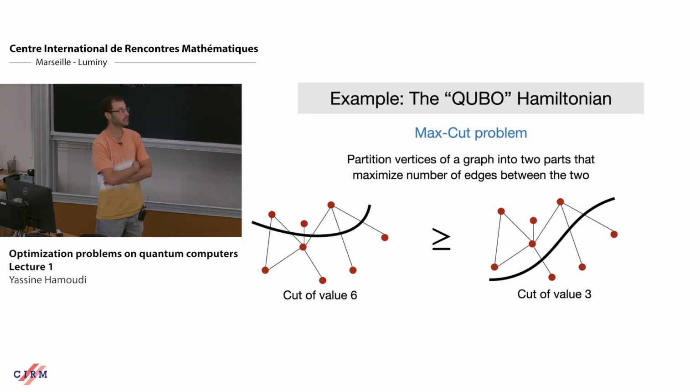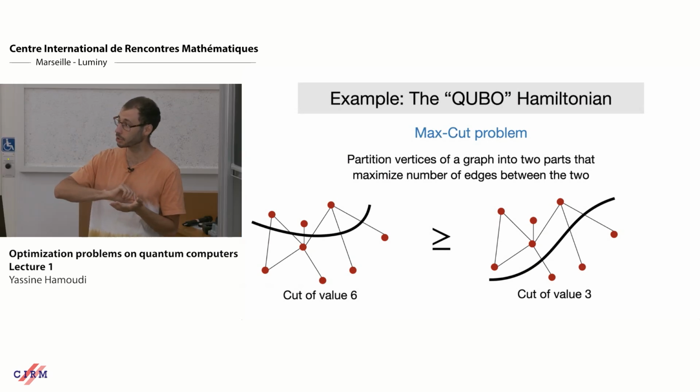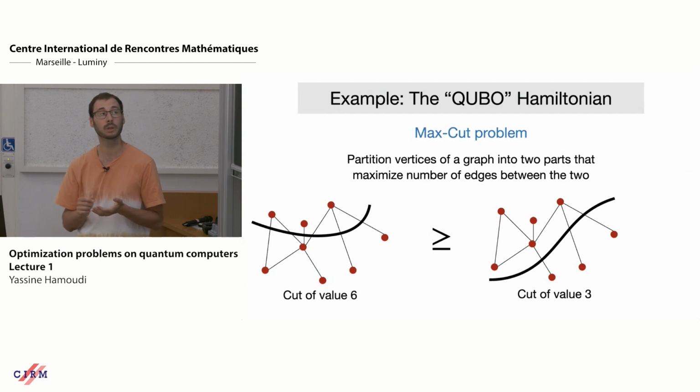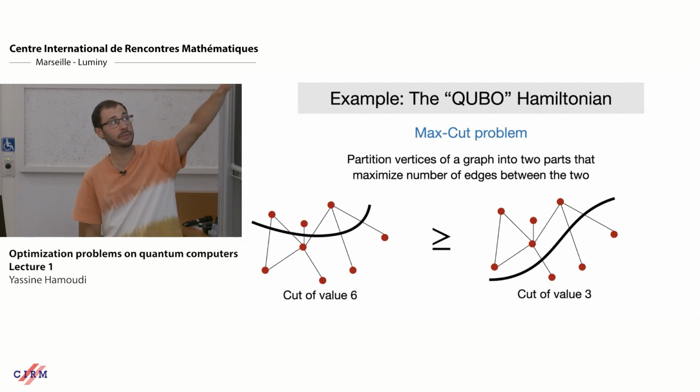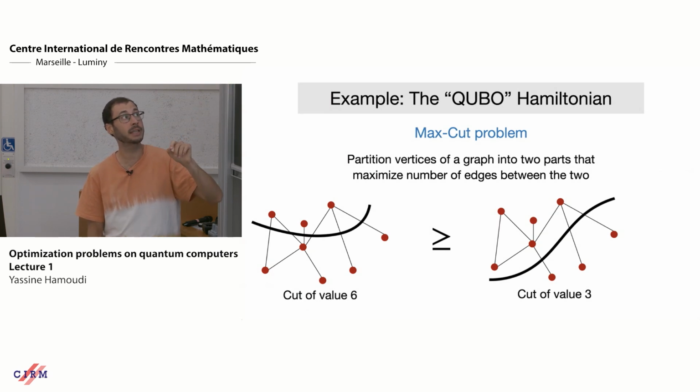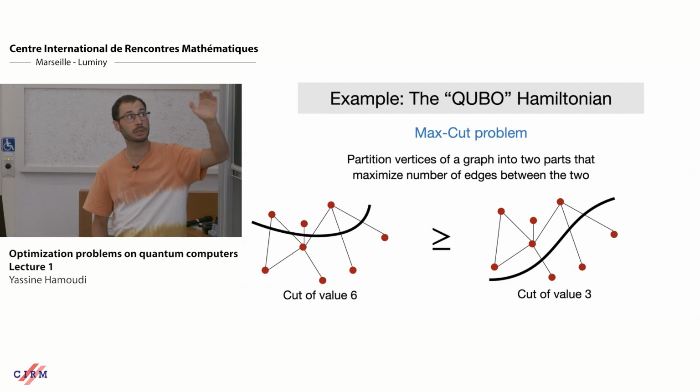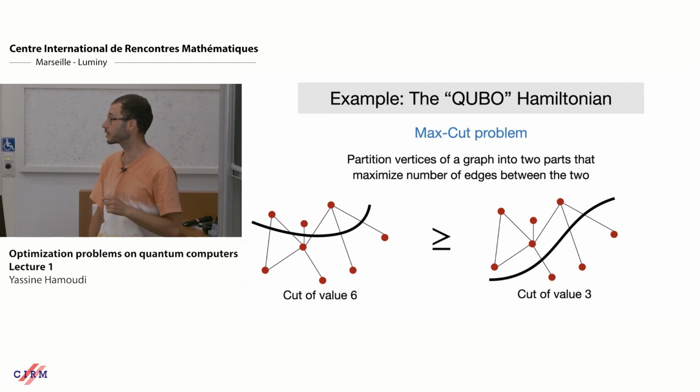And now your goal is to maximize the following quantity. So you want to partition the vertices into two parts, which are disjoint from each other, and you want to maximize the number of edges that go from one side of the partition to the other side. So on this example, the cut on the left is represented by the bold edges and is of size 6 because it crosses 6 edges.